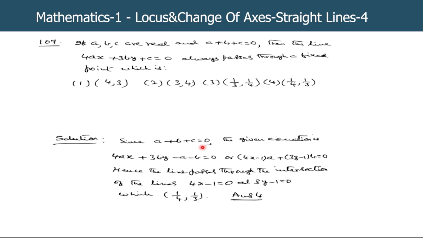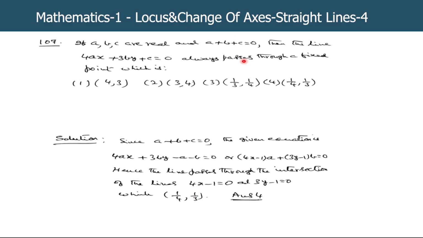Since a plus b plus c equal to 0, the given equation 4ax plus 3by minus a minus b is equal to 0, or (4x minus 1)a plus (3y minus 1)b is equal to 0. Hence, the line passes through the intersection of the lines 4x minus 1 equal to 0 and 3y minus 1 equal to 0. So the point of intersection is (1/4, 1/3), which is option number 3.